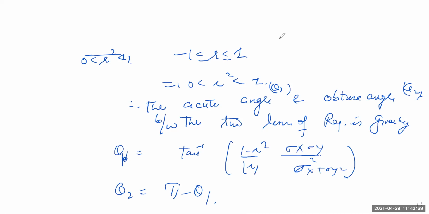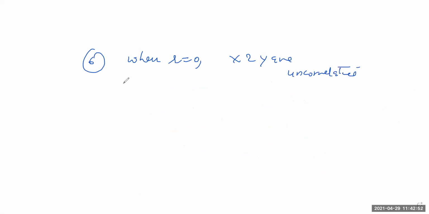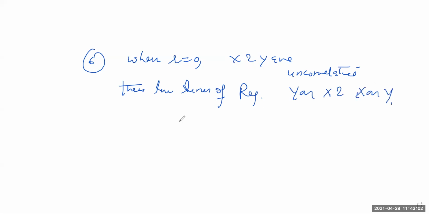So this is, and the last point in this is when r is equal to 0, x and y are uncorrelated, then the lines of regression y on x and x on y, जब r ही 0 हो गया बेटा आपका y माइनस y बार ये सारा 0 हो गया, इधर से x माइनस x बार ये सारा 0 हो गया.